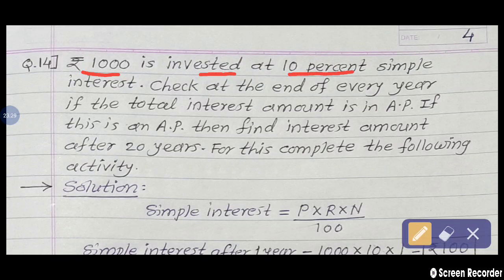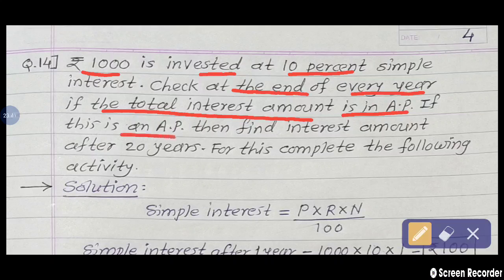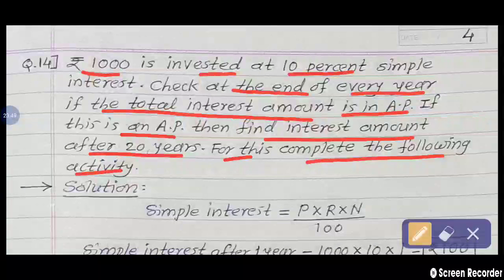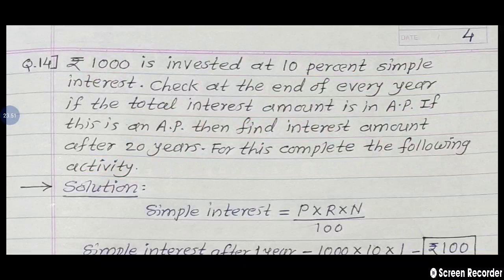Check at the end of every year if the total interest amount is an AP. If this is an AP, then find the interest amount after 20 years. For this, complete the following activity. So it is an activity based question.